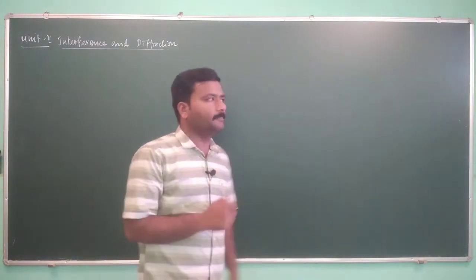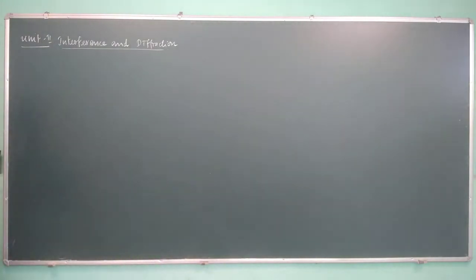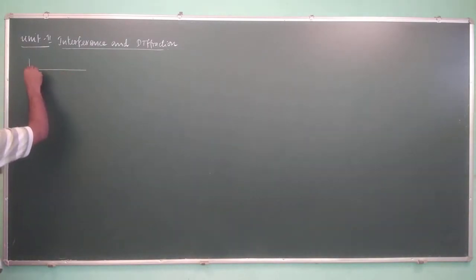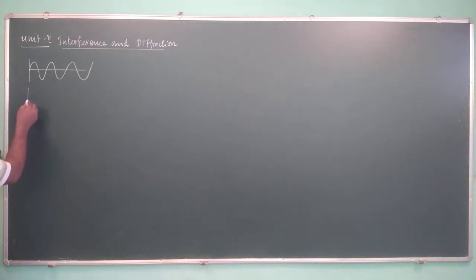Let's see with an example. Let us consider two interacting sine waves. For example, let's say this is one wave and this is another wave.